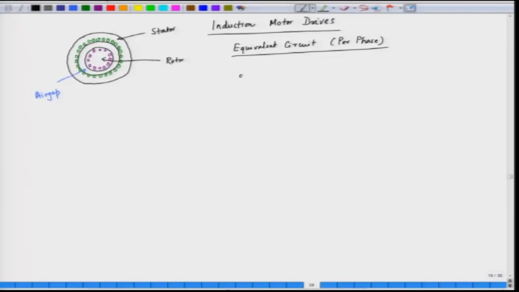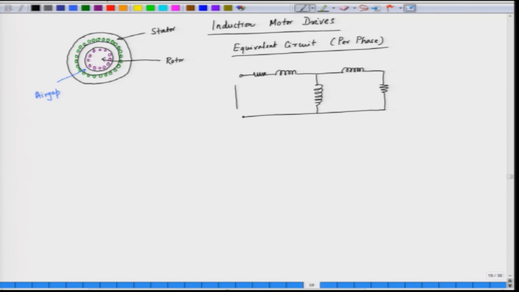In this case, we have the stator resistance, the stator leakage reactance, the rotor leakage reactance, and then the rotor resistance. After all, the motor consists of resistances and reactances.